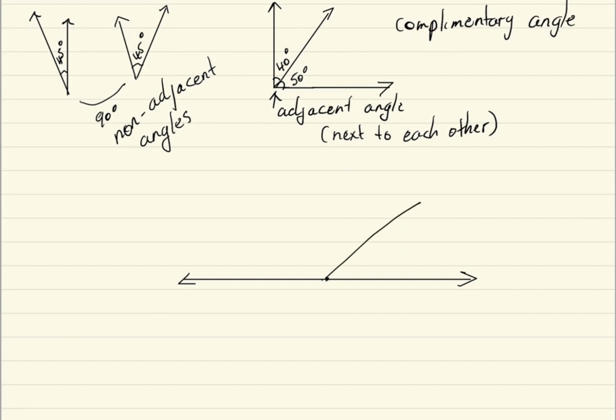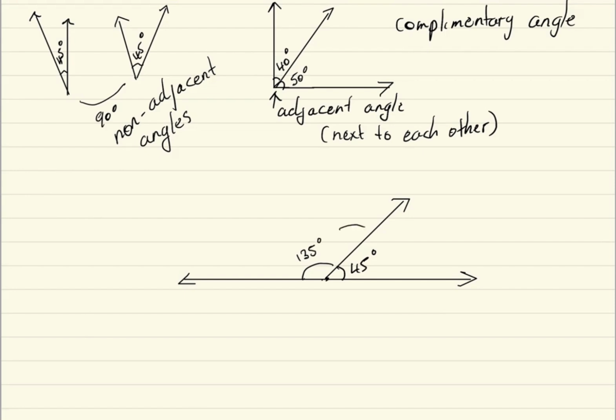And we had an angle like this. And let's call this 45 degrees. And 180 minus 45 is 135. So this angle here would be 135 degrees.